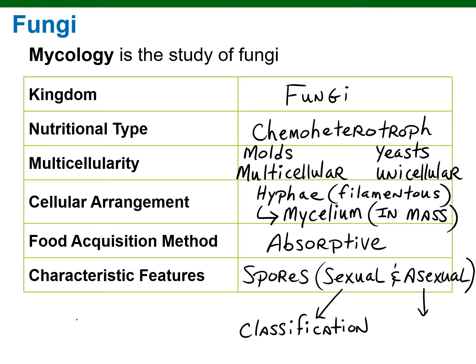When it comes to identification, which is to take a sample of fungi and figure out which organism it is, we most often will look at the asexual spores that are much more prevalent in the environment and can be put under the microscope readily. Along with their arrangement of their hyphae, you can most often then get a good look at what they look like and be able to identify them.